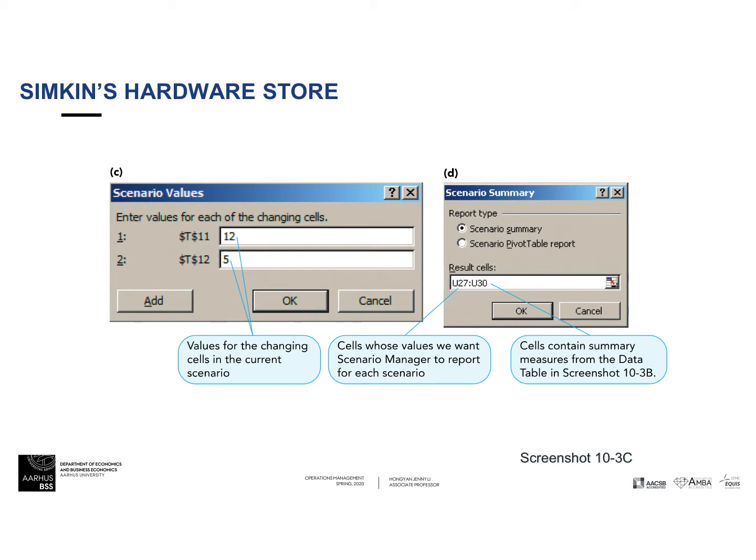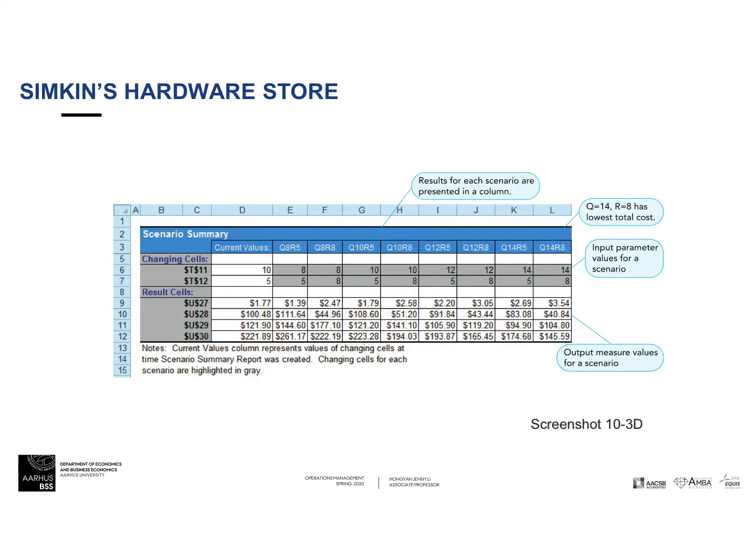So here the result cells are the cells you're interested in. For example, if you want to report holding costs, stock out cost, the total cost and ordering costs, you can actually choose all these cells. All these values will be returned to your output.